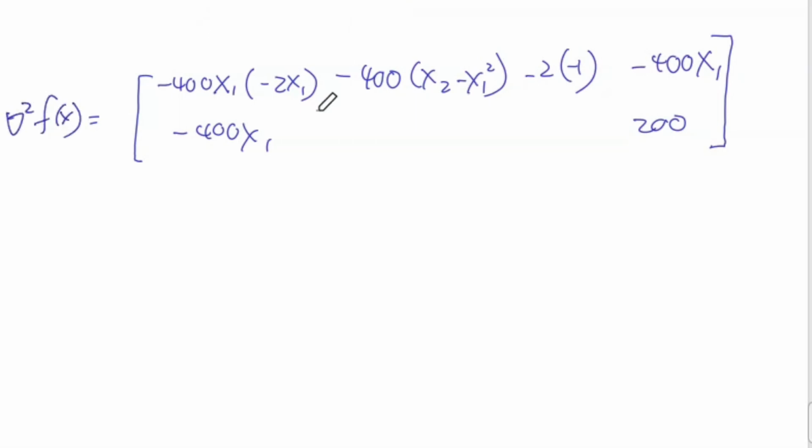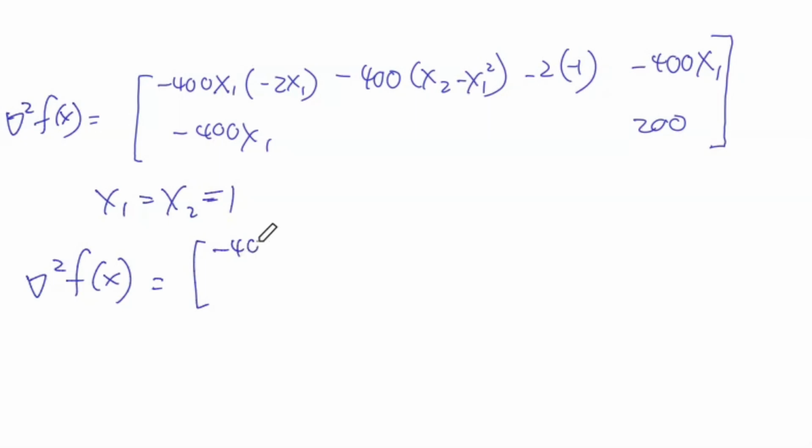Okay, this is the Hessian, at the point x1 equal to x2 equal to 1. You substitute, you find that the Hessian of f is equal to negative 400, negative 2, right? Substitute 1, minus 400, this one is 0, minus 2, or plus 2.